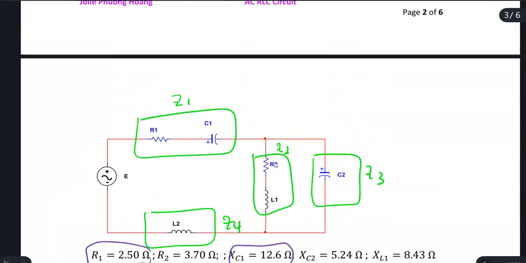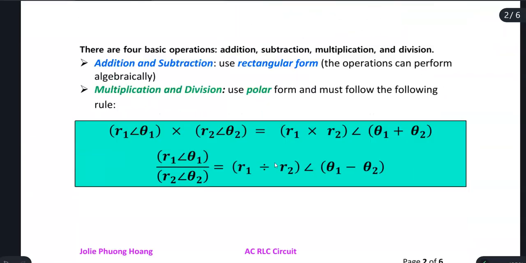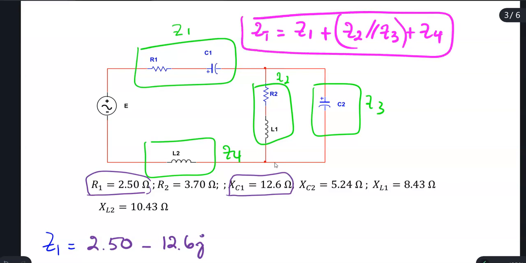Alright, so if I go to the formulas that I have from the very beginning, I might as well rewrite them here. Z total equals Z1 plus Z2 parallel to Z3 plus Z4. This is the formula that I'm going to use for this particular circuit.